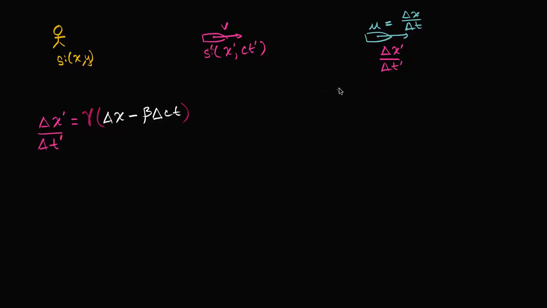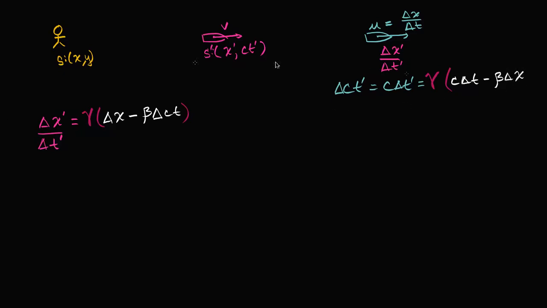Well, let me just go back to the Lorentz transformation. Let me write it the way that I'm used to writing it. I'm used to writing it as change in ct prime, which is the same thing as c times the change in t prime, is equal to the Lorentz factor times c change in t, minus beta times change in x.